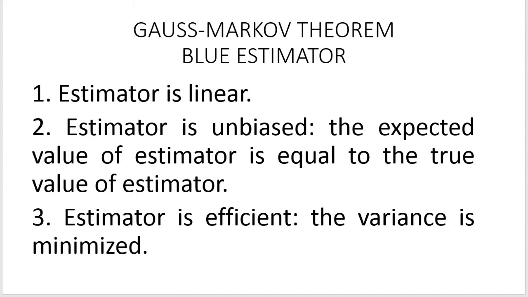So finally, according to the Gauss-Markov theorem, if your estimator beta is linear, unbiased and efficient, so the value of estimator beta is equal to the true value and the variance is minimized.